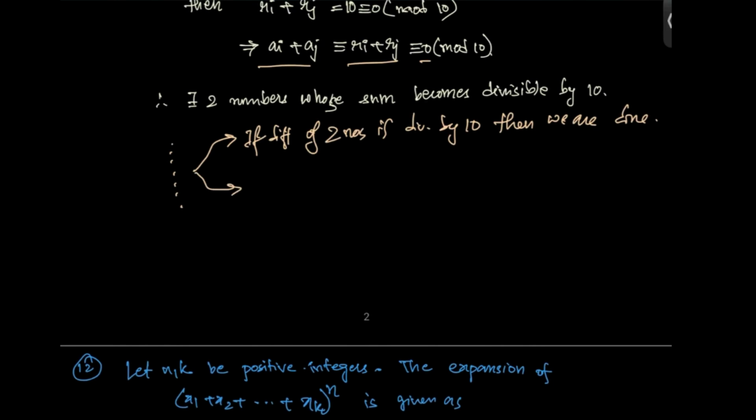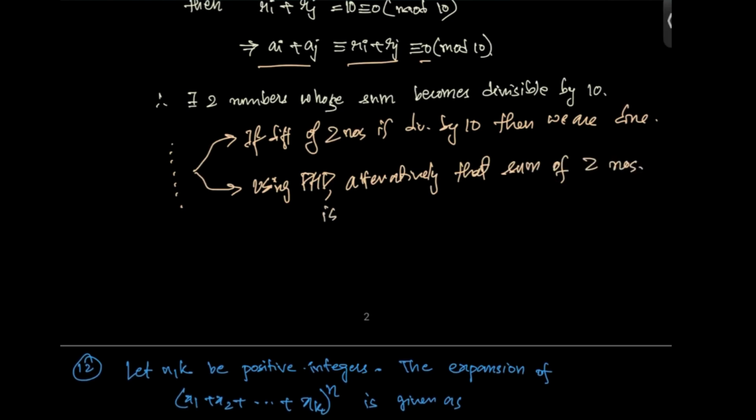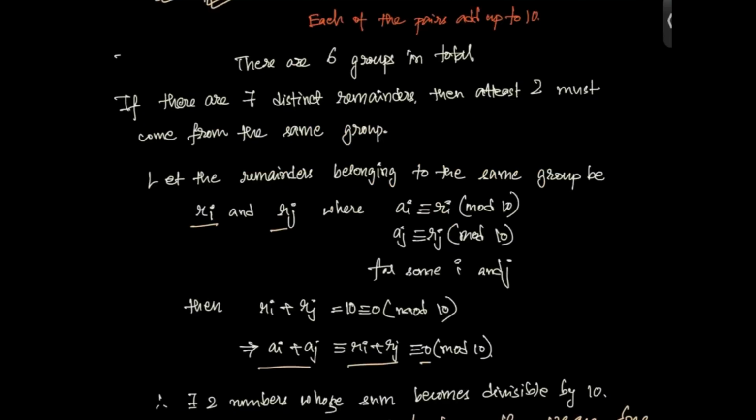If the difference of no two numbers is divisible by 10, then we can show using PHP, alternatively, that the sum of two numbers is divisible by 10. So this concludes the first problem.